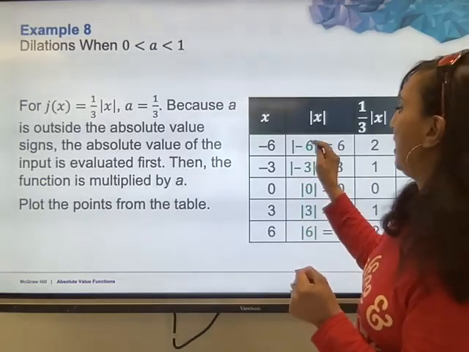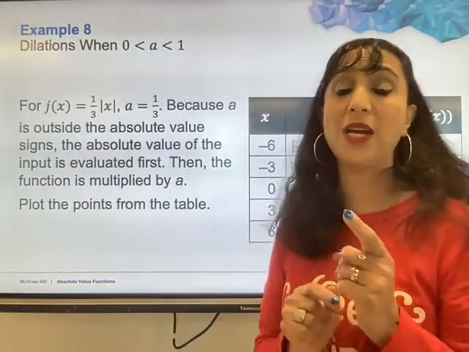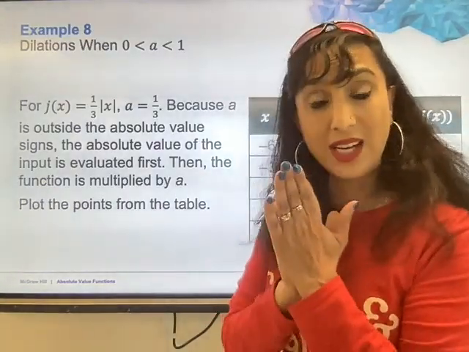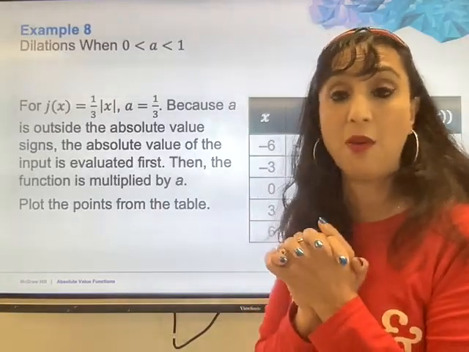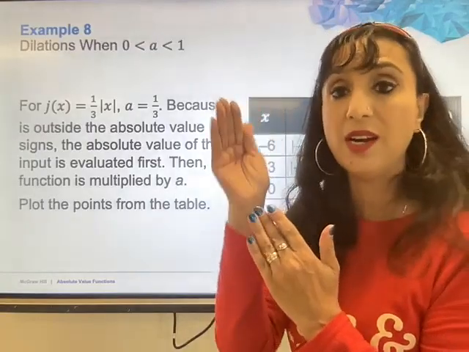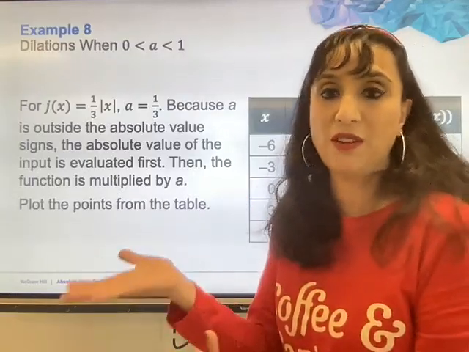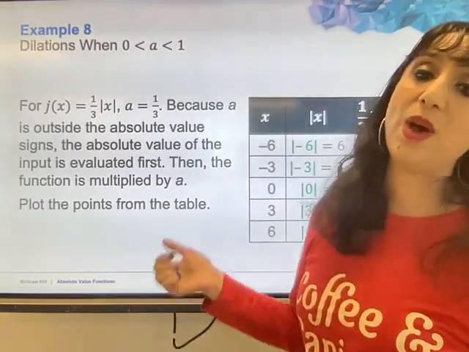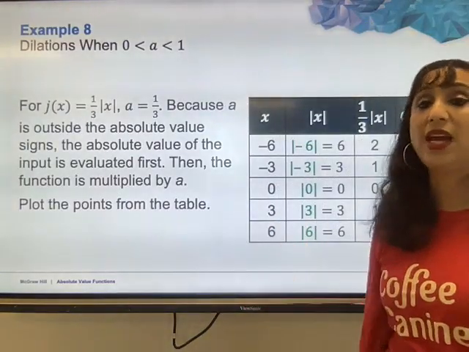The reason I've taken -6, -3, 0, 3, 6 is that, looking at 1/3, I want numbers compatible with my denominator so I can simplify. Those are multiples of 3: 3, 6, 9, 12.